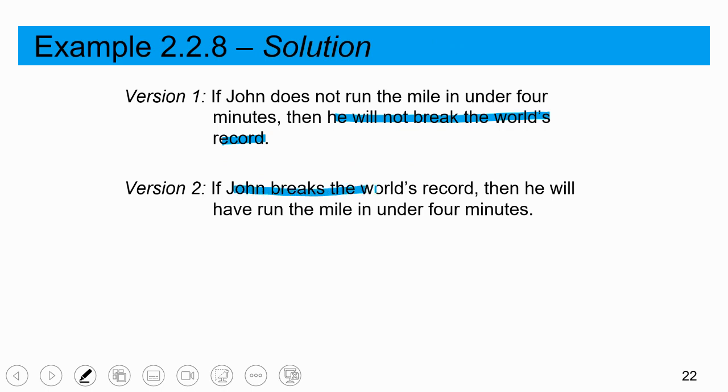If John breaks the world's record, then now take the hypothesis of this one. John does not run the mile in under 4 minutes. Negate it and put it here. He will have run the mile in under 4 minutes. Again, sometimes you just have to pause and really let that sink in, read through it, and think about it logically.